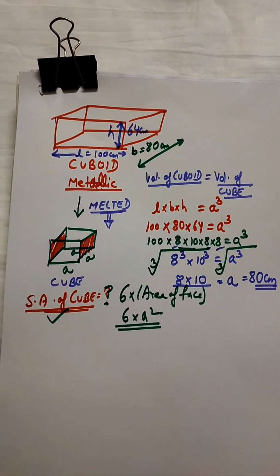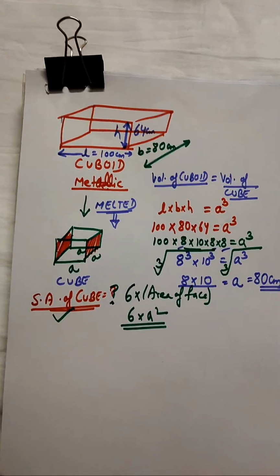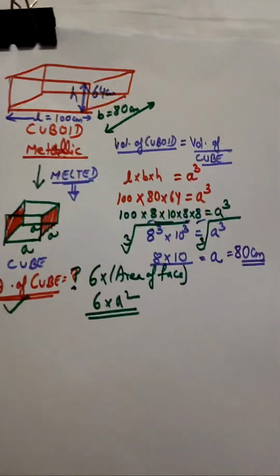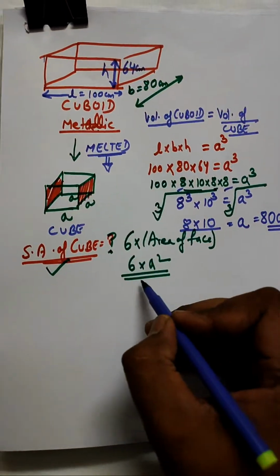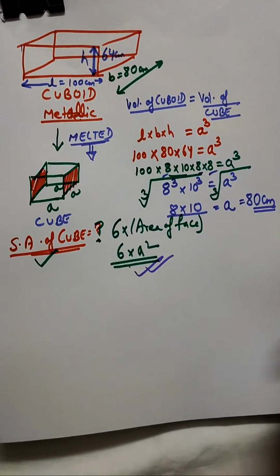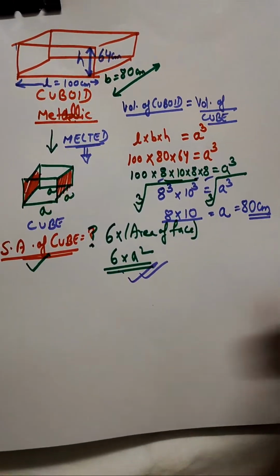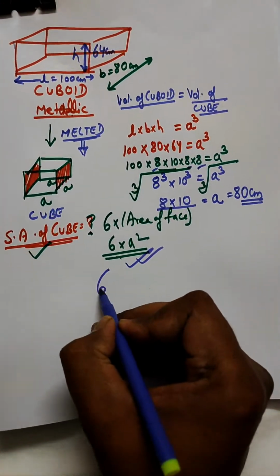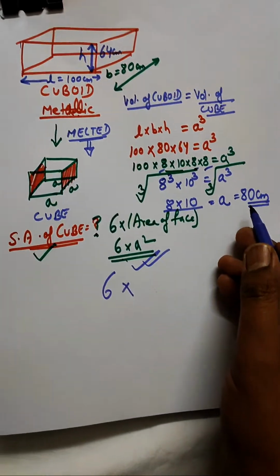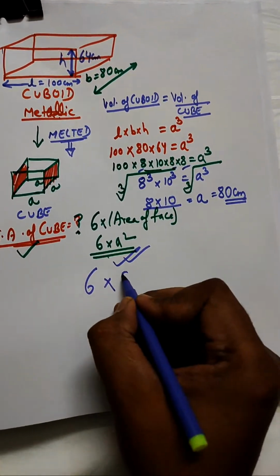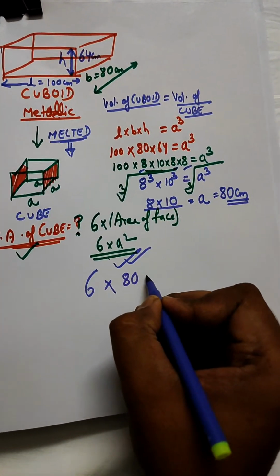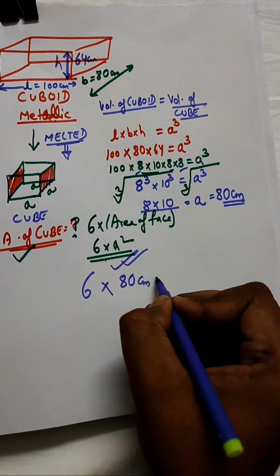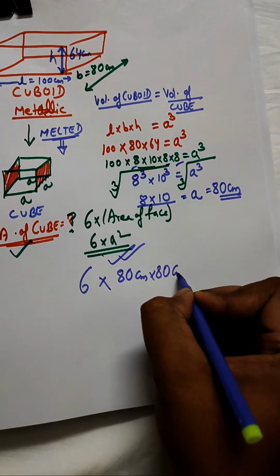Now what we need to calculate? We need to calculate the surface area of the cube, and for the surface area of cube we know that 6 into a square is the formula. Putting up the value, 6 times a square. A square means 80 centimeter into 80 centimeter.